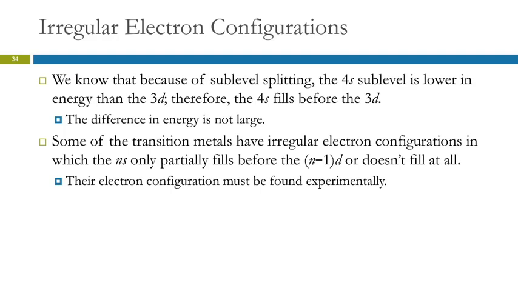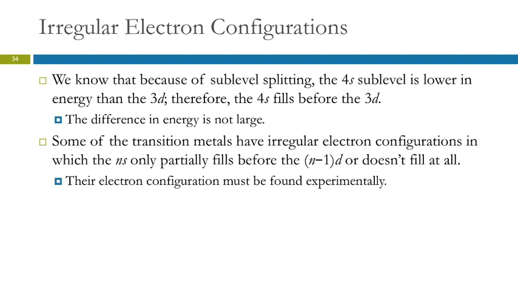So the 4s does fill first, but the 3d is not much higher in energy. And so some of the transition metals, they're unpredictable in lots of ways, and so their electron configurations are also a little off sometimes. Some of the transition metals have irregular electron configurations.